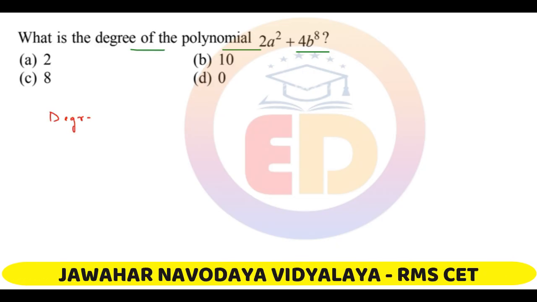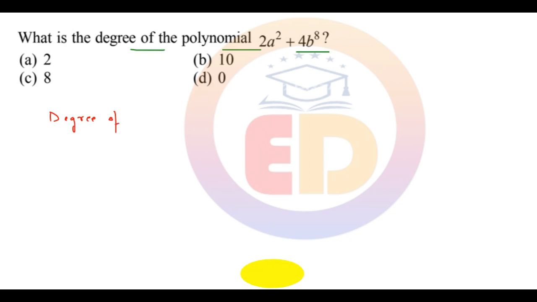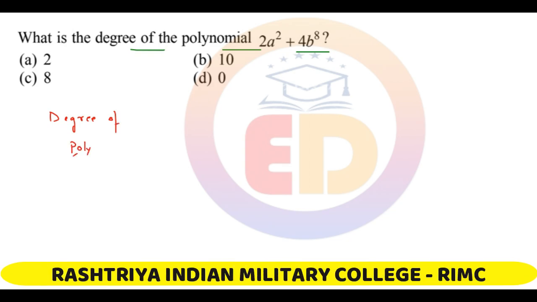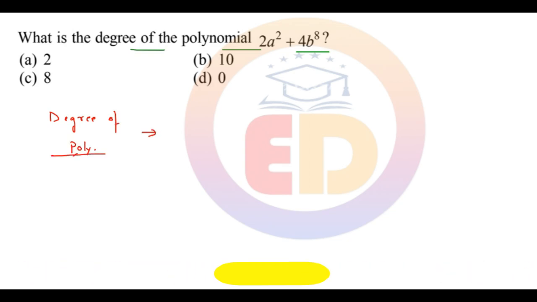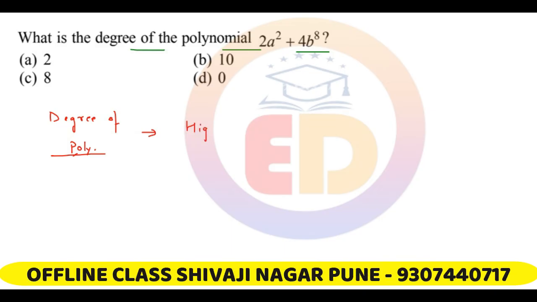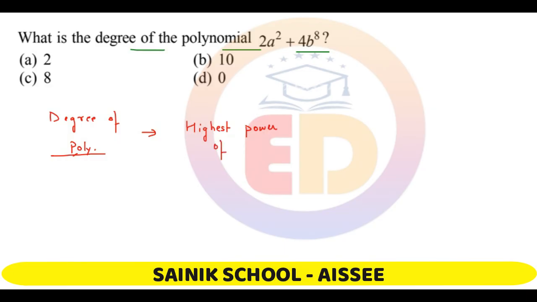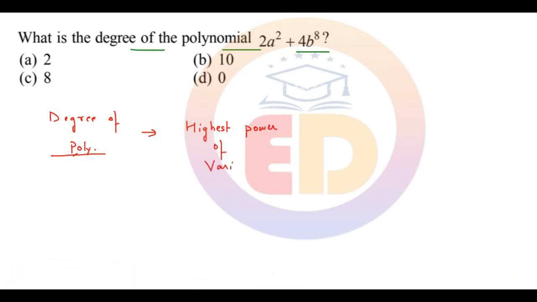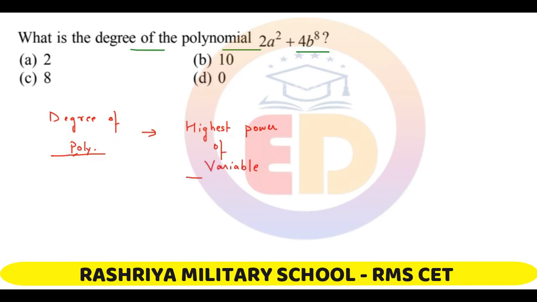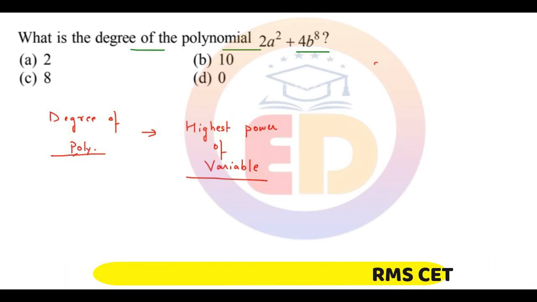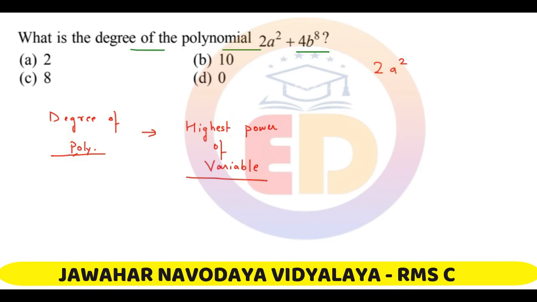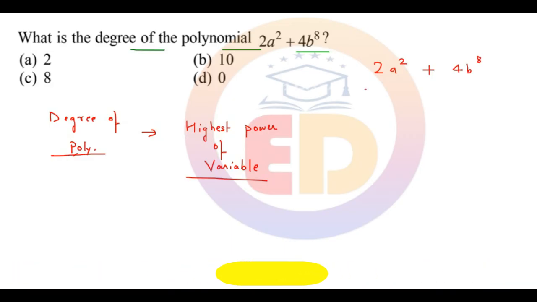Degree of polynomial is the highest power of the variable, for example here 2a square plus 4b power 8, this is a binomial.